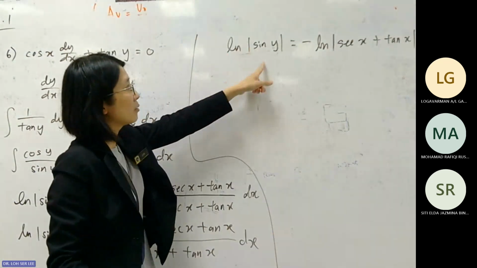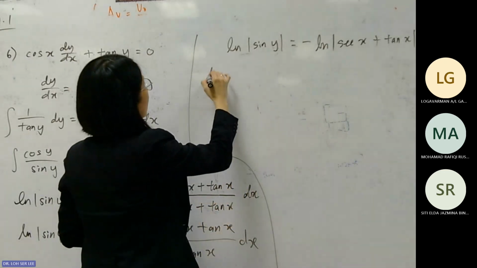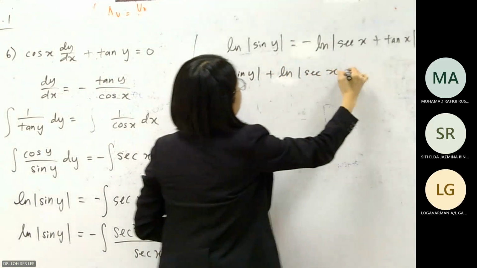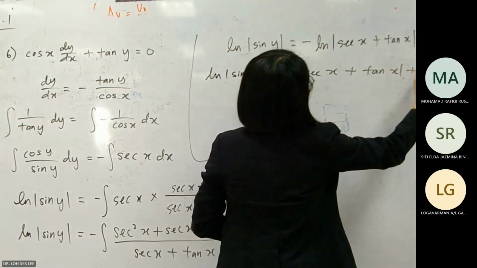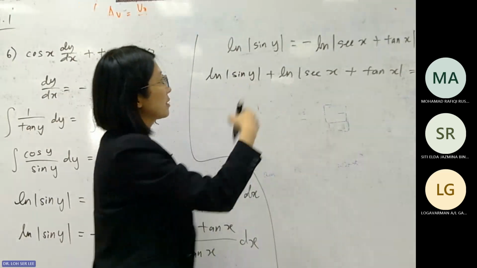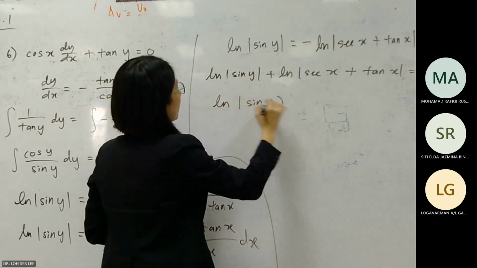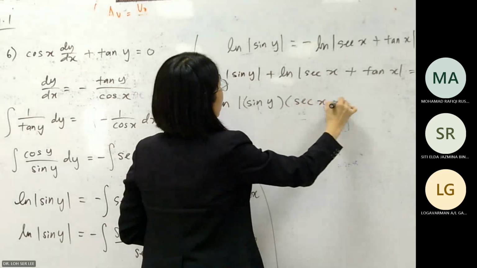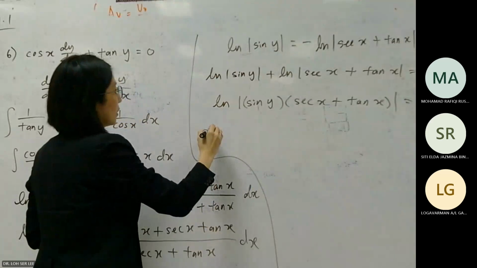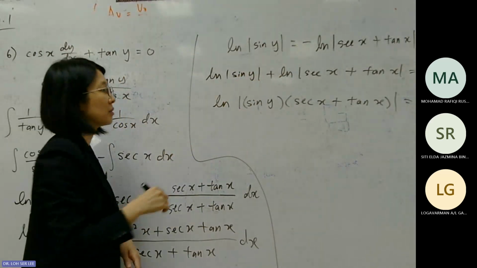Then you have ln sine y plus ln this. ln A plus ln B is ln AB. So when you move to the right hand side, you get e to the power of c, e to the power of c is A.